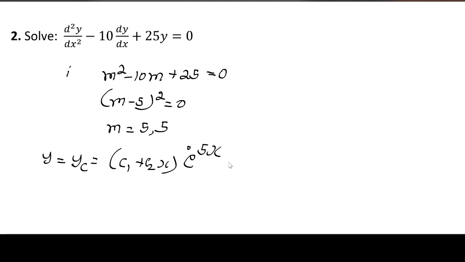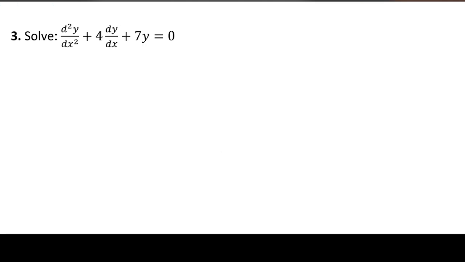This can be written the other way, by multiplying e^(5x) to both: c1 e^(5x) + c2 x e^(5x). Here one of the functions is e^(5x) and the second function is x e^(5x). This second case arises when we have real and repeated roots. Actually, the fourth case is similar to this. Next, we'll go on to one more problem.